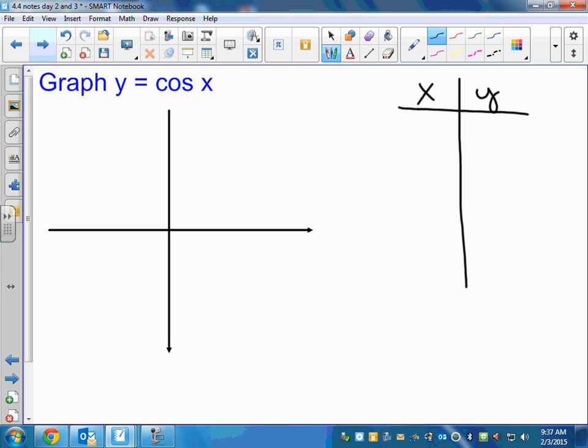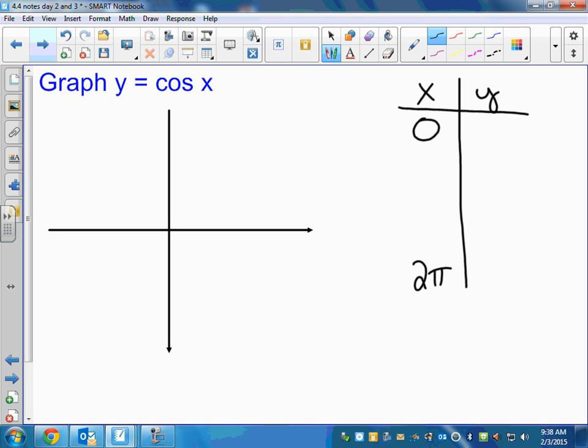So here are my key points. The whole period of cosine starts at 0, ends at 2 pi. Right? That's how long it takes to get back to where we started. So we're going to talk in a minute, transformations can happen, which means the period can change. But right now, the period's 2 pi. We need 5 points. So we're going to take half of this.